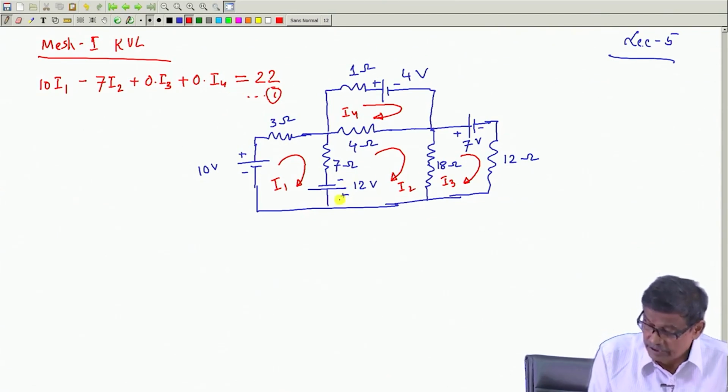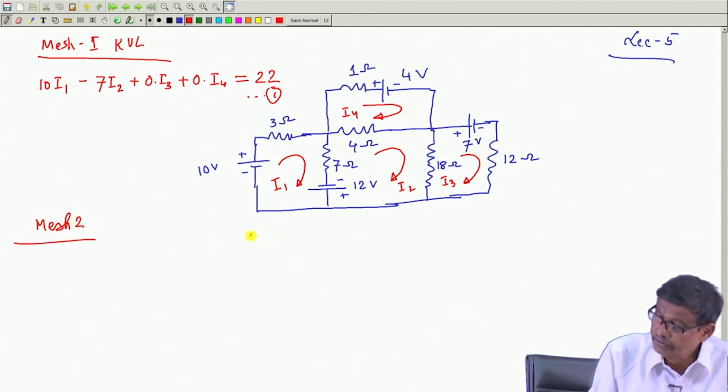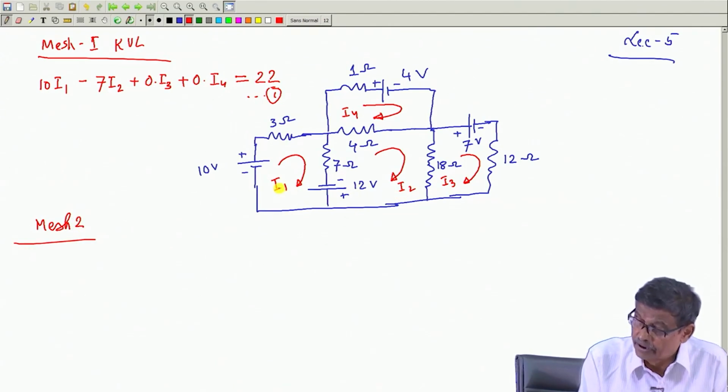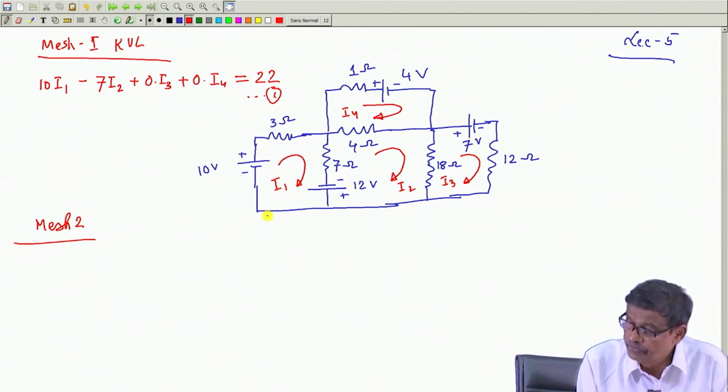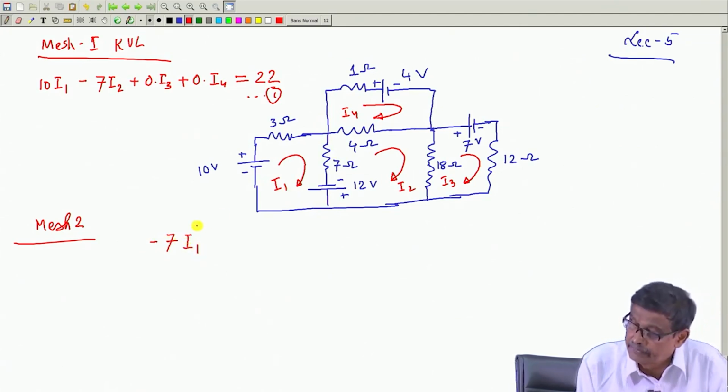In mesh 2, let us write down mesh 2. Will there be a coefficient of I 1? Yes, common resistance between these two meshes, 7, minus 7 I 1, preceded by a negative sign. Coefficient of I 2 will be the sum of all the resistances in mesh 2.